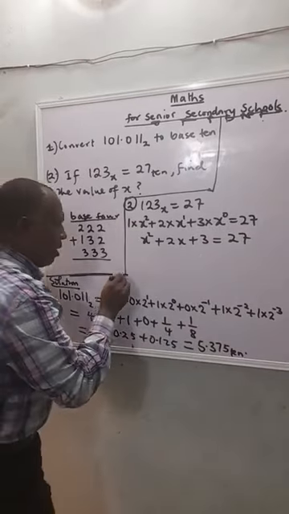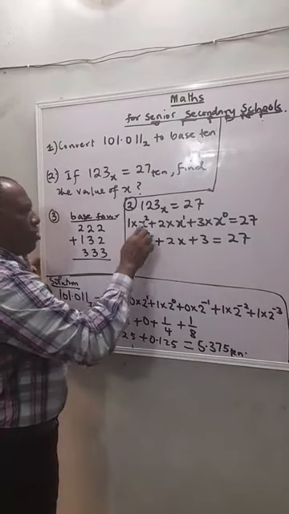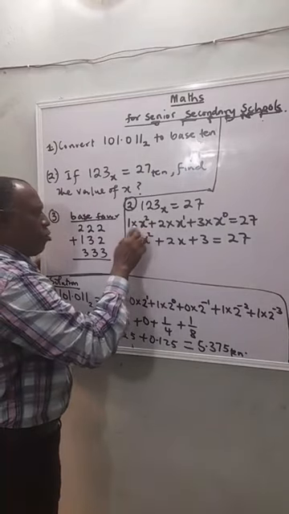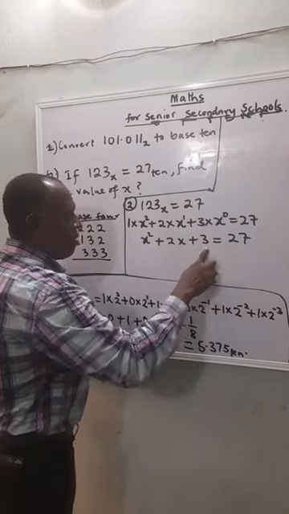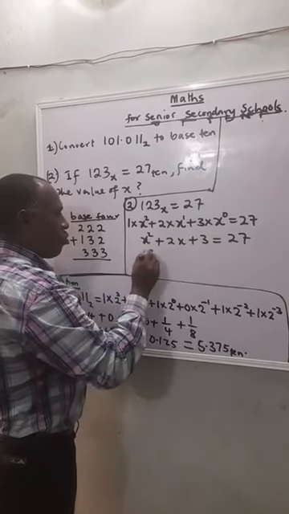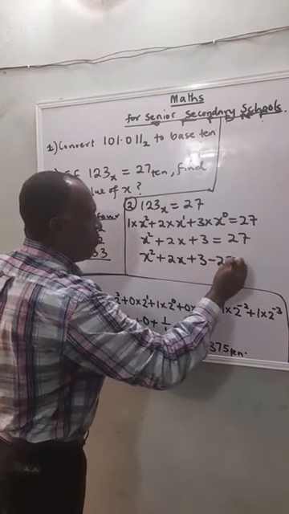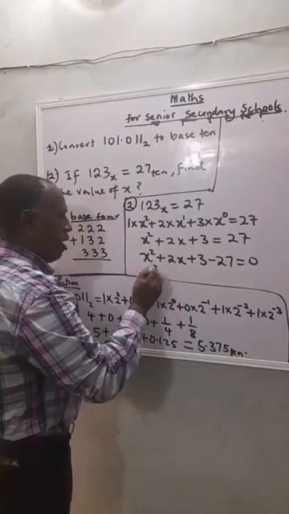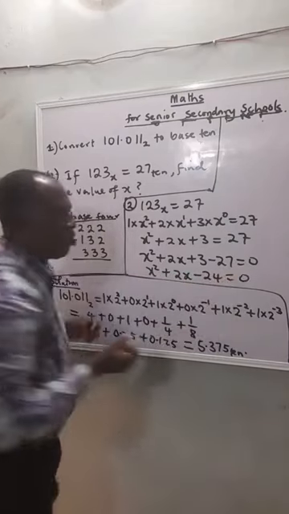What that simply means is that x squared times 1 is x squared, 2 times x is 2x, 3 times 1 is 3. So we have x squared plus 2x plus 3 minus 27 equal to 0. x squared plus 2x minus 24 equal to 0.